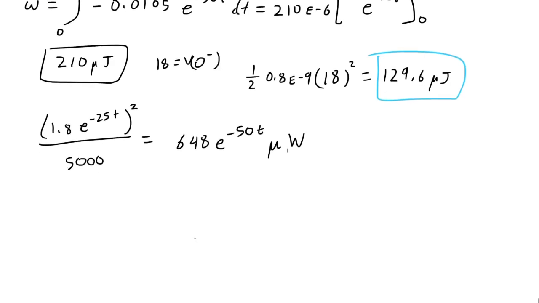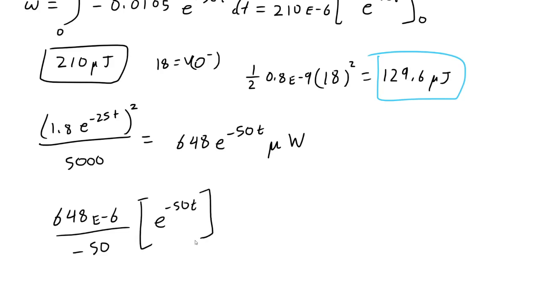Okay, so 648 microwatts. If we integrate that, 648 e to the minus 50t divided by 50, the antiderivative is just going to be this, and it's 0 to infinity.